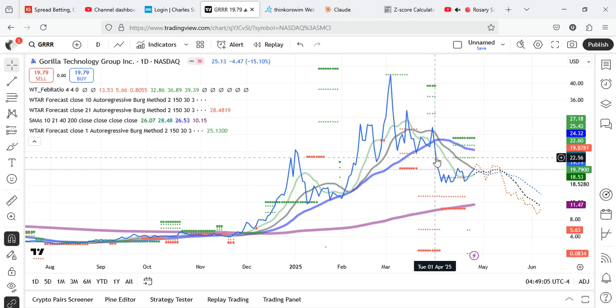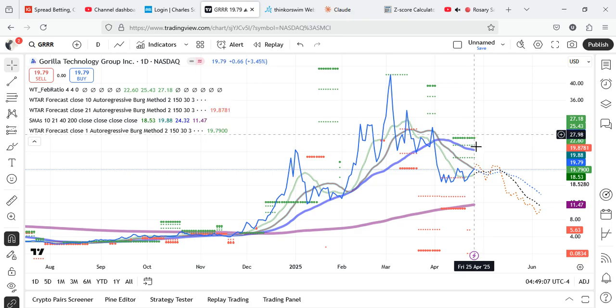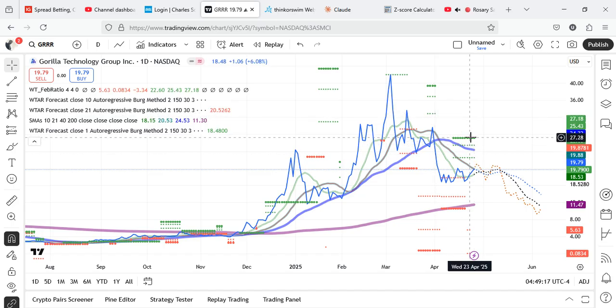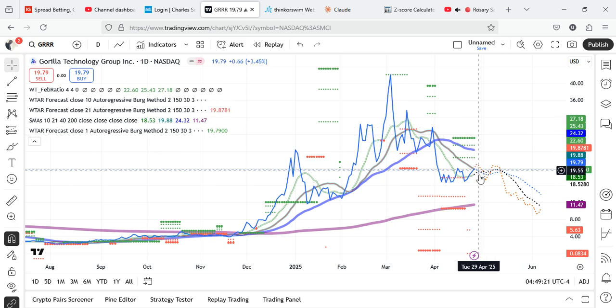So I guess these upper projections are governed by the probability of spikes and retests, because they are there. At the same time, they also serve as resistances to any upward push.